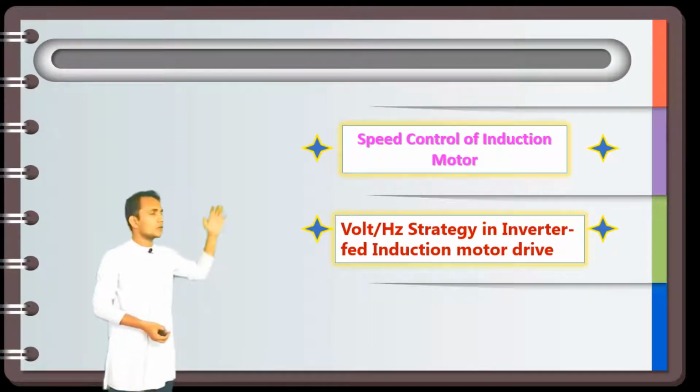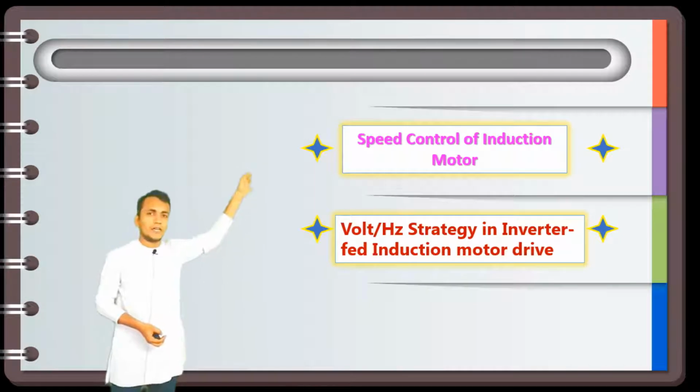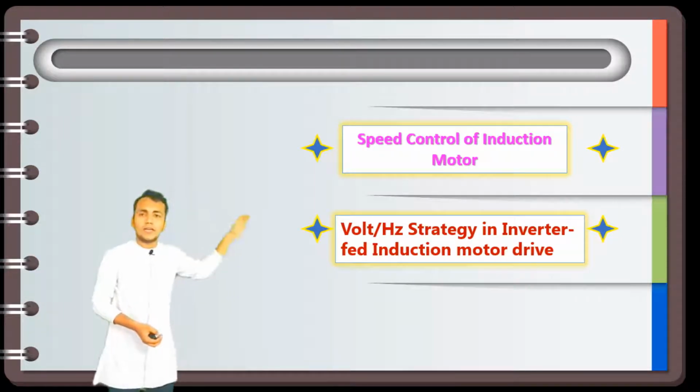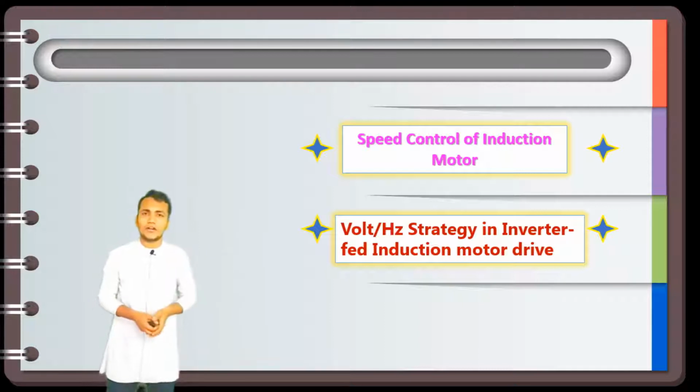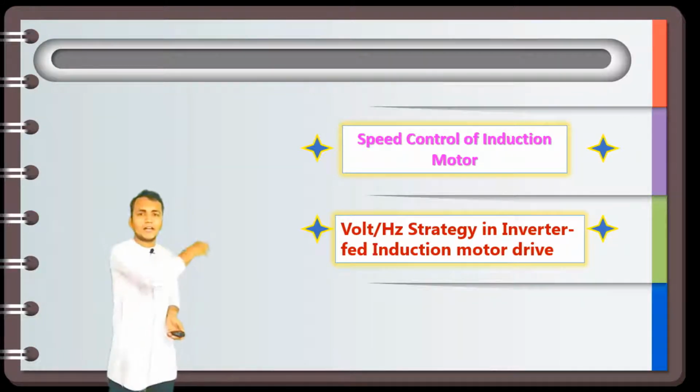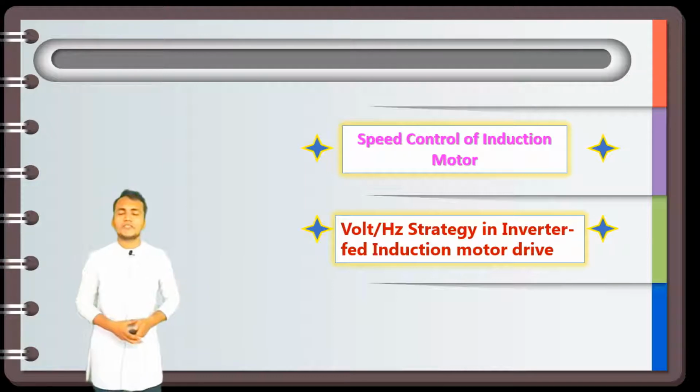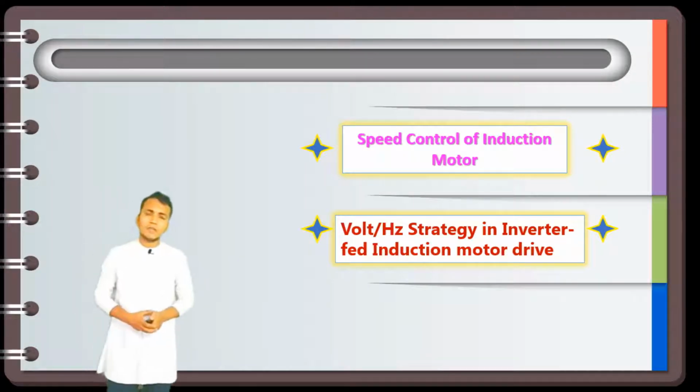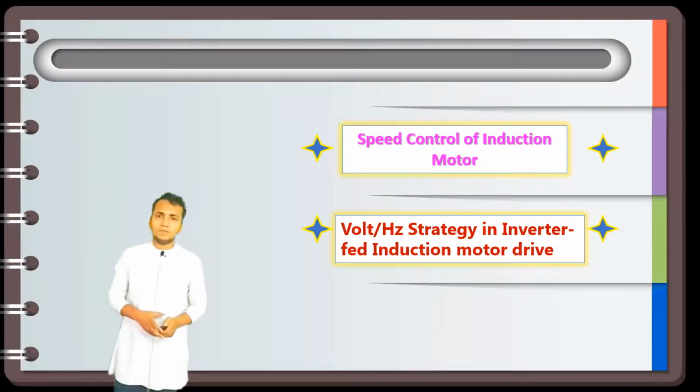So first, the speed control, then voltage hertz V by F strategy for induction motor drives. So that is the content that we have to study in this session. So let us start.